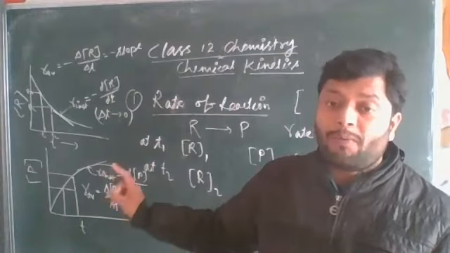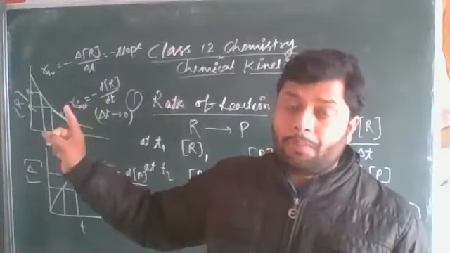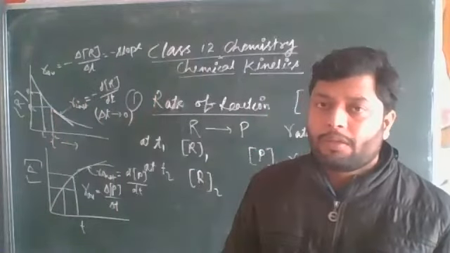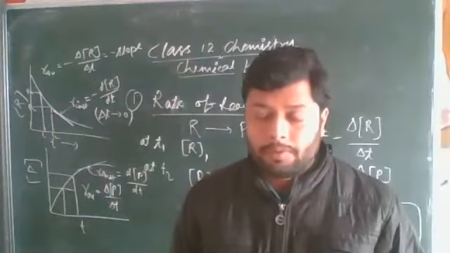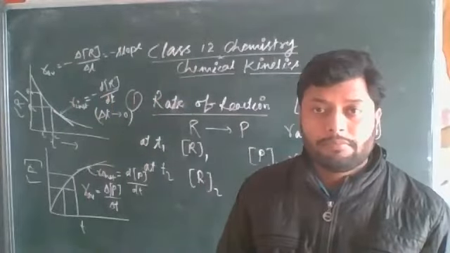Okay, here the slope will be positive, you can see, and here the slope will be negative. Minus slope in terms of reactants indicates the reactants decrease, the reactants consumed per unit time, called the average rate of reaction.